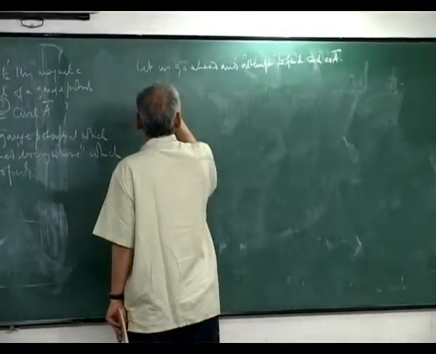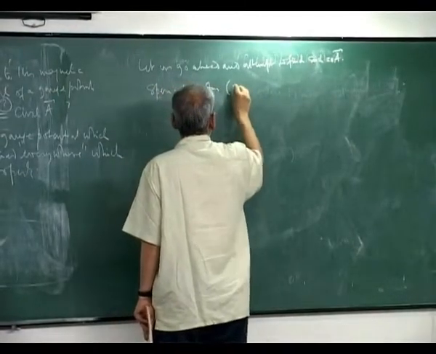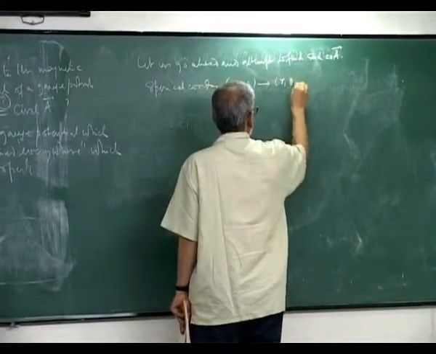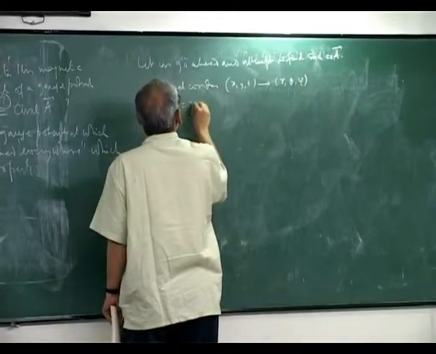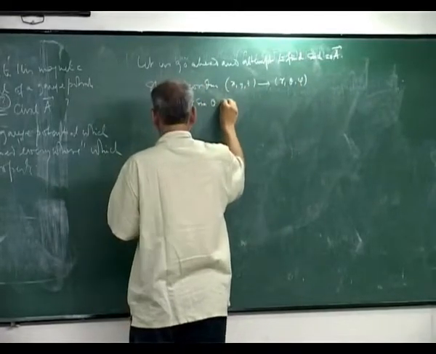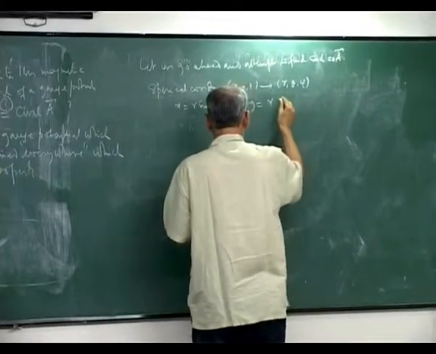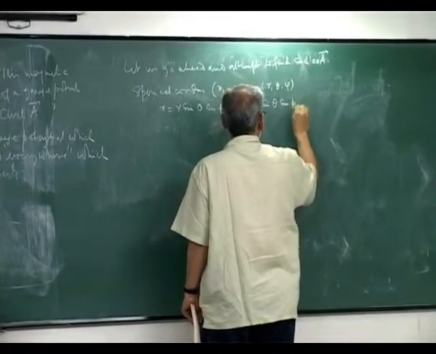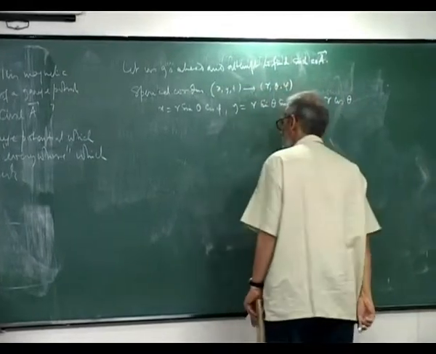Go to spherical coordinates from x, y, z to r, theta, phi, where x is r sine theta cosine phi, y is r sine theta sine phi, and z is r cosine theta.